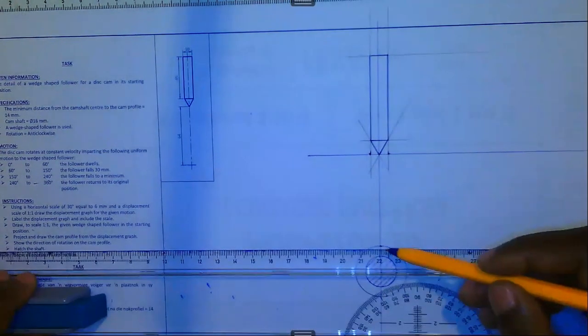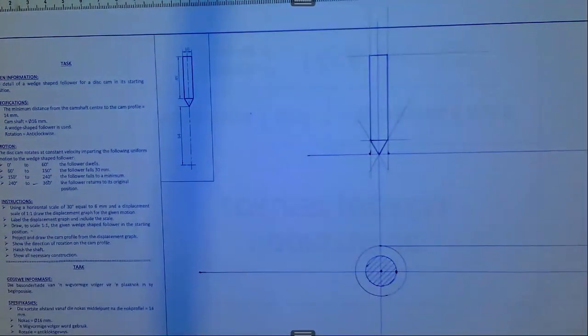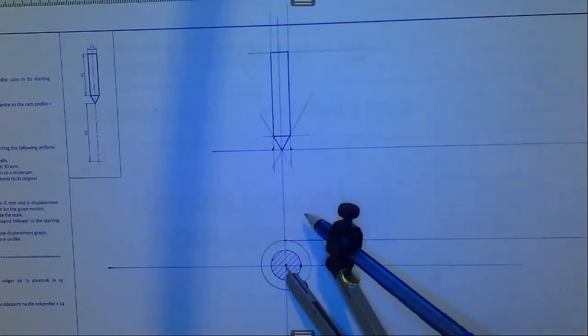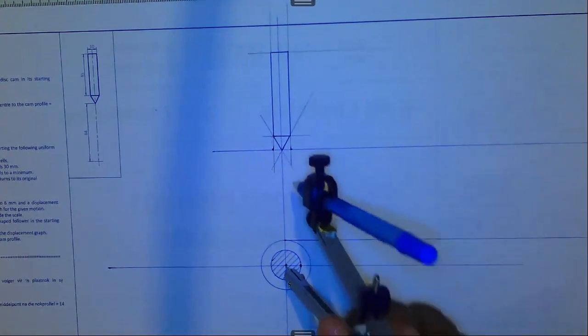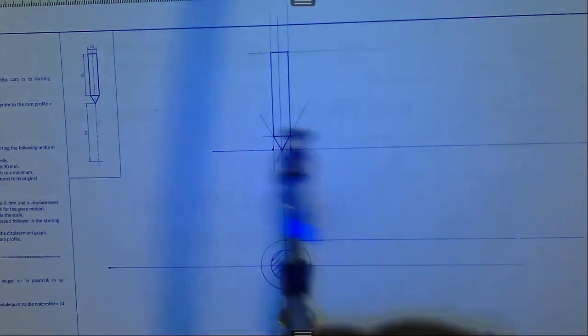So we draw a line from here, in this direction, like that. Once you have defined this point and also have got that center, you can as well draw the maximum diameter, like this.